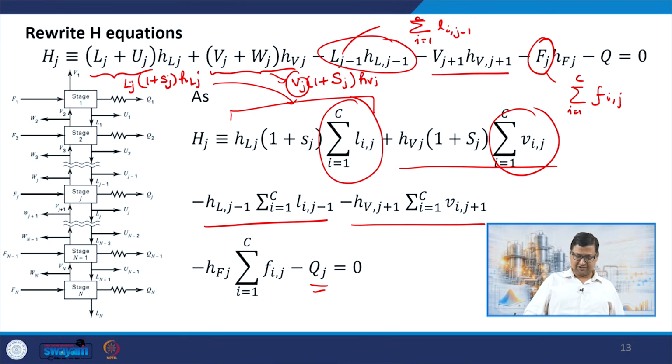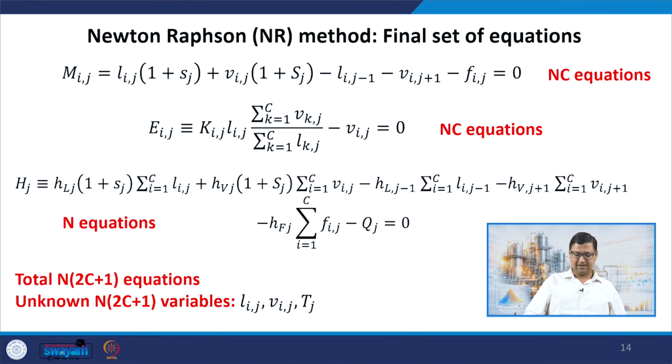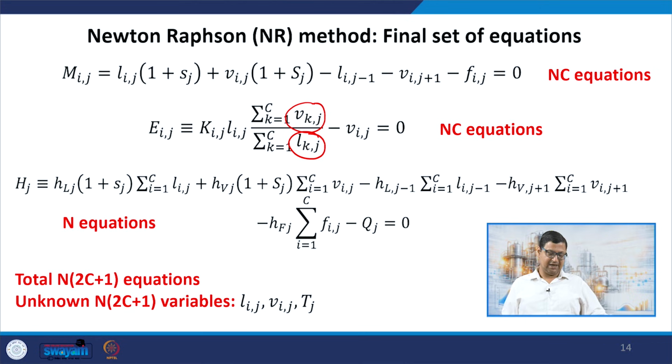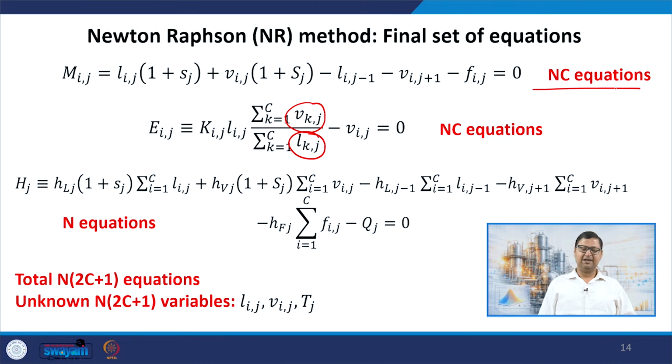So the final equations are the MEH equations in terms of only the liquid and vapor component molar flow rates, right. And then we can see that we have an Mij equation, the M equation for every component in every stage. So in total we have NC equations.